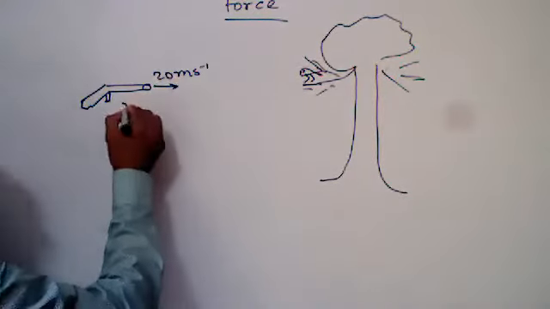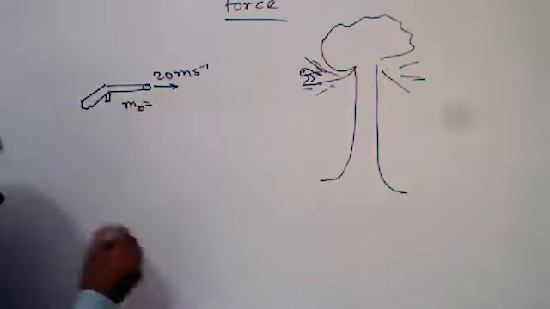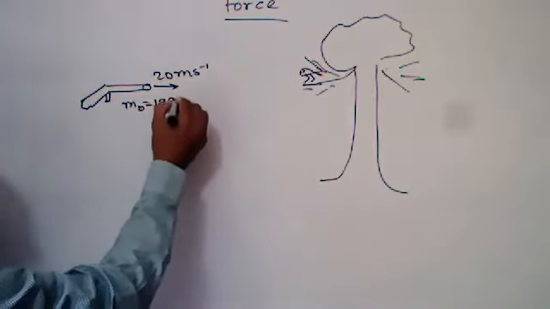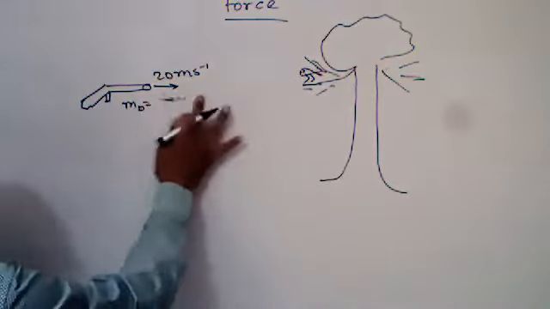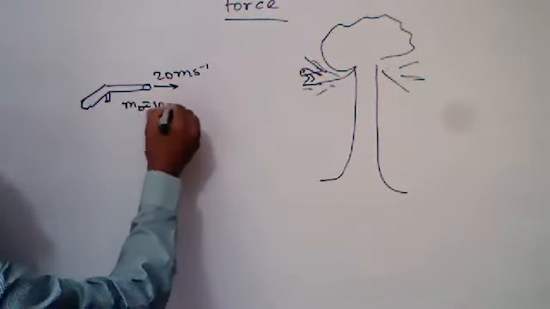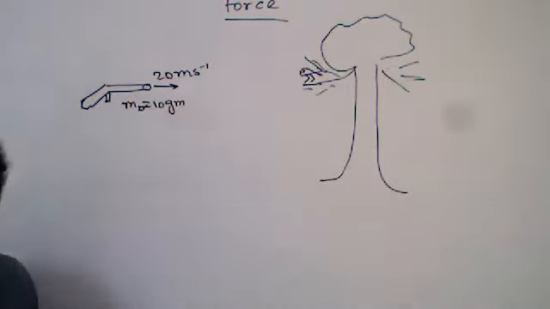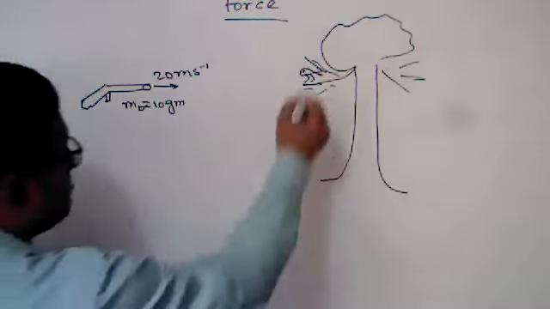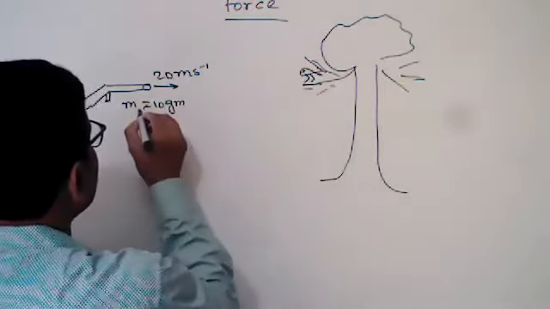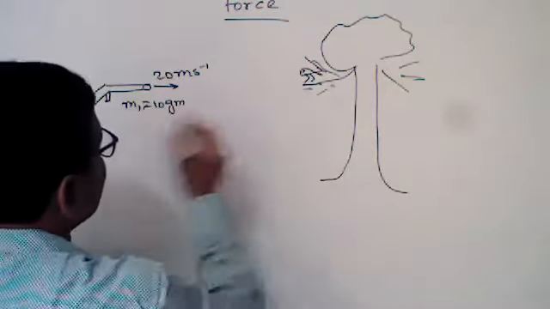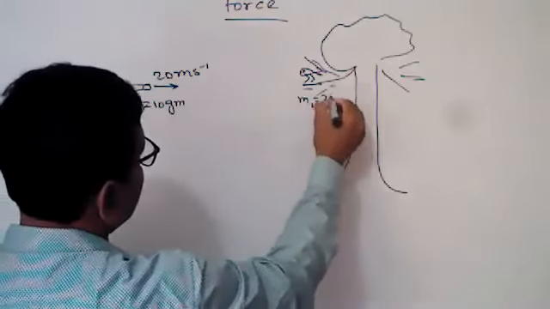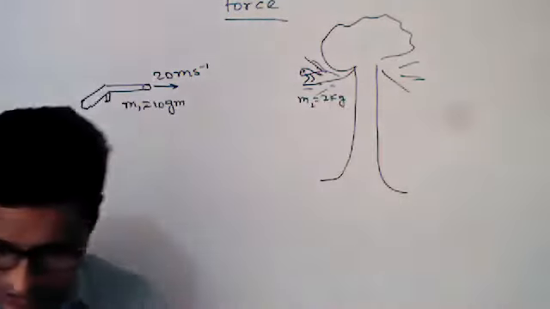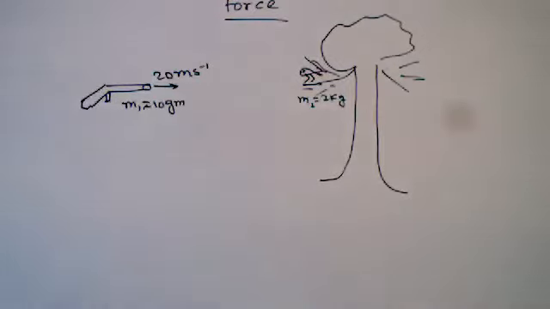The mass of the bullet, MB, is 10 gram. And the mass of the bird is M2 equals 2 kilogram.